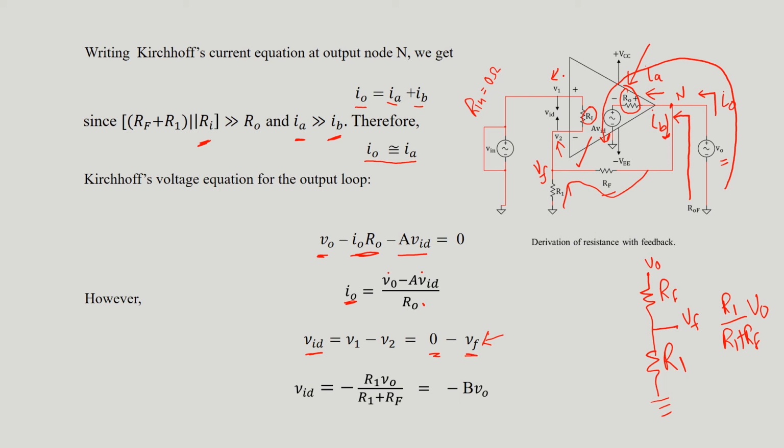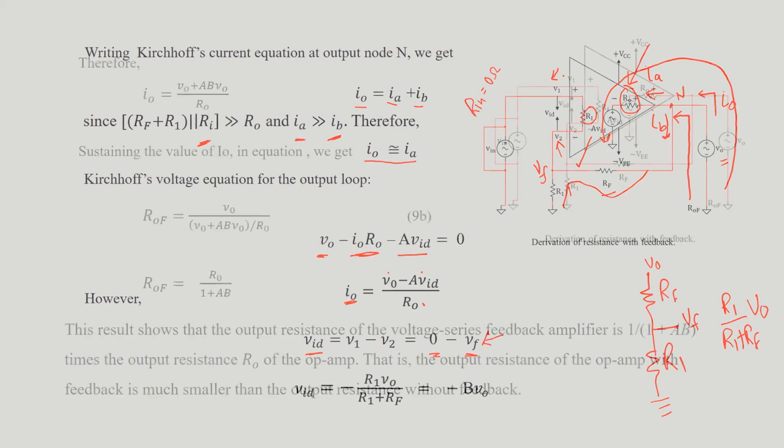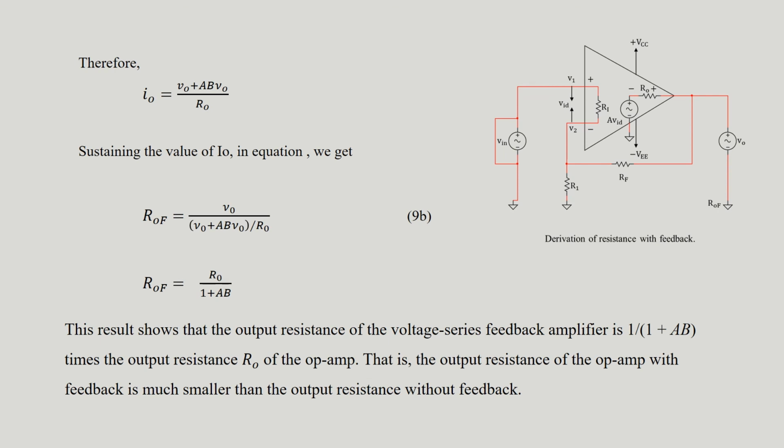This becomes minus of R1 over R1 plus RF into V naught, which is minus BV naught. Therefore, I naught becomes V naught plus ABV naught divided by R naught.